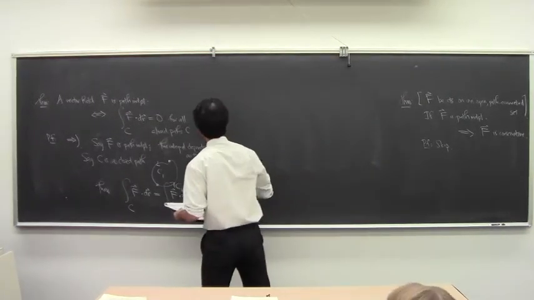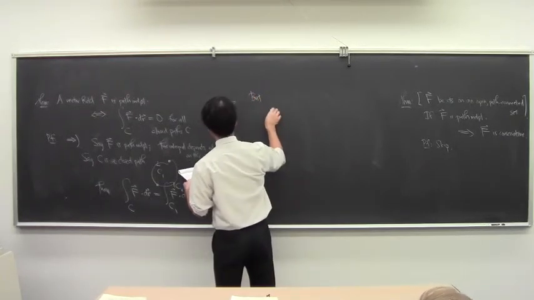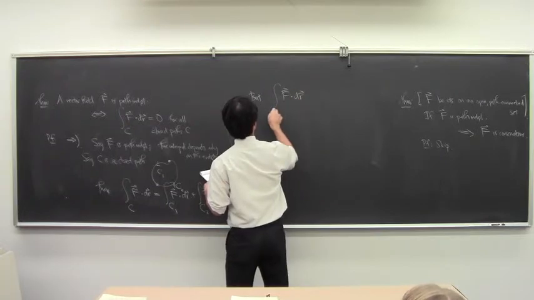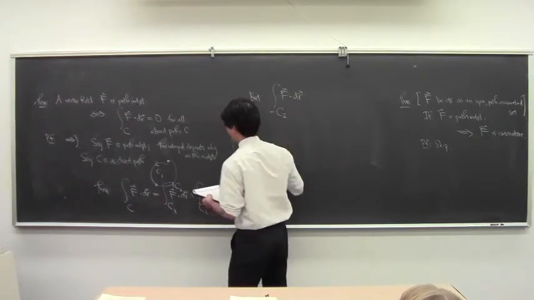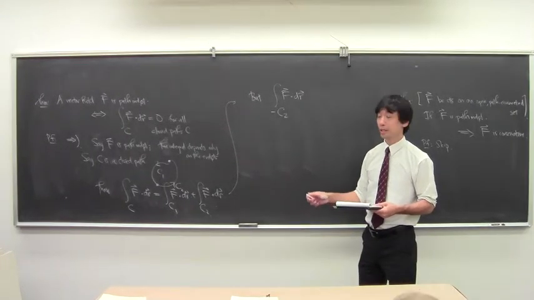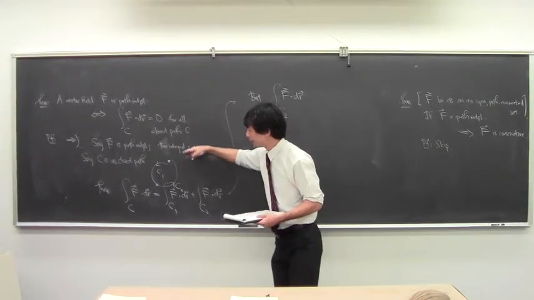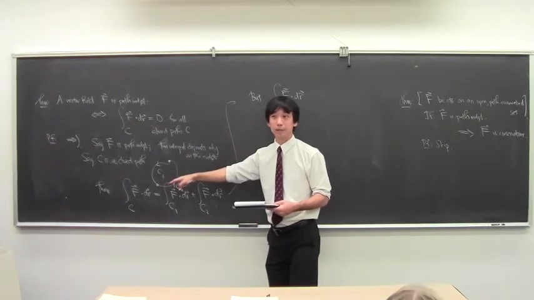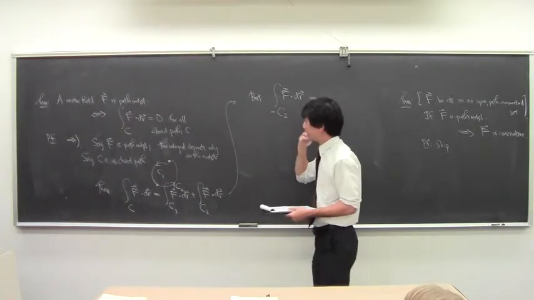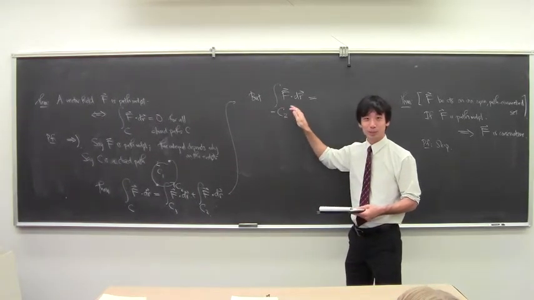But if we look at the integral of f over negative C2, so let's reverse C2 and have it go in the opposite direction, then that guy has the same integral. Oh, actually, this actually works.